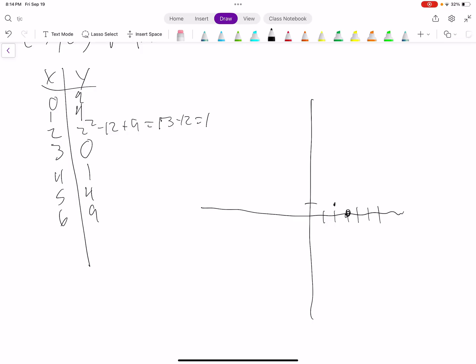So here at 2 and 4, you're at 1. And then at 1, you're at 4. And 5, you're also at 4. And then 0, you're at 9. And at 6, you're at 9. So that's what this guy looks like. Okay, and that's how you do that problem.